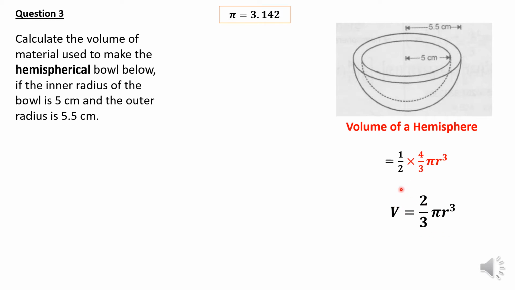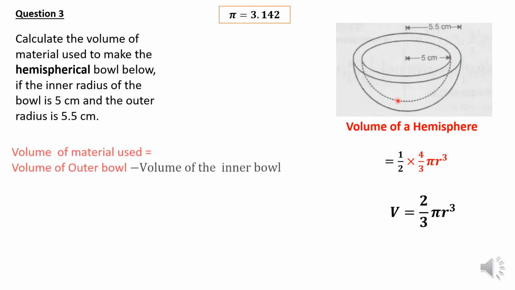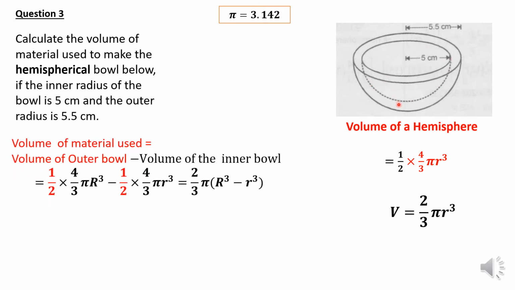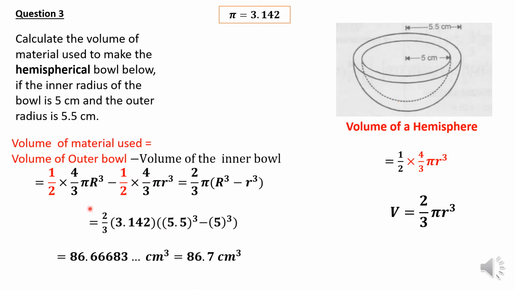So what I'm going to do is similar to the question I had previously. I'm going to find the volume of the bigger hemisphere, and then I'm going to subtract the smaller one on the inside in order for me to find the material that was used. Right, so when I punch that in, you should eventually end up with 86.66 going on, obviously giving your answer as 86.7 cubic centimeters.